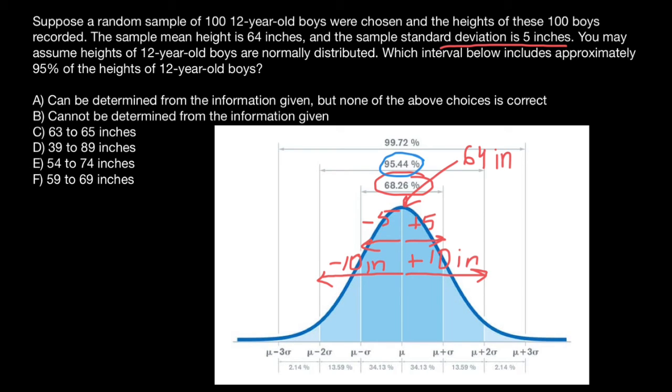And our question is, which interval below includes approximately 95% of the heights of 12-year-old boys? 64 inches minus 10 inches and plus 10 inches would cover 95.44%. 64 minus 10 is going to be 54, plus 10 is going to be 74. So as you see, our answer is going to be answer E.